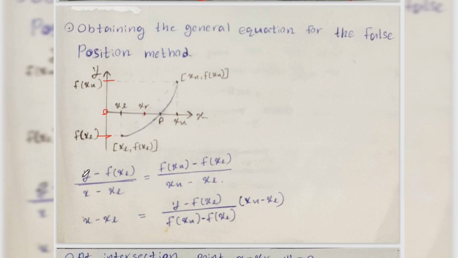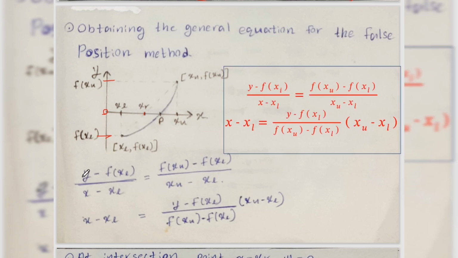Again we have to get the gradient in two ways. The first way is (y minus f(xl)) over (x minus xl) is equal to (f(xu) minus f(xl)) over (xu minus xl).